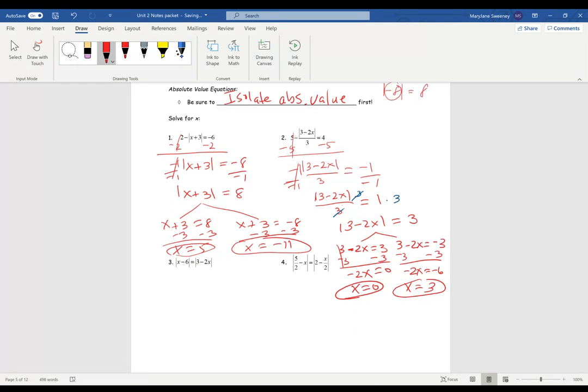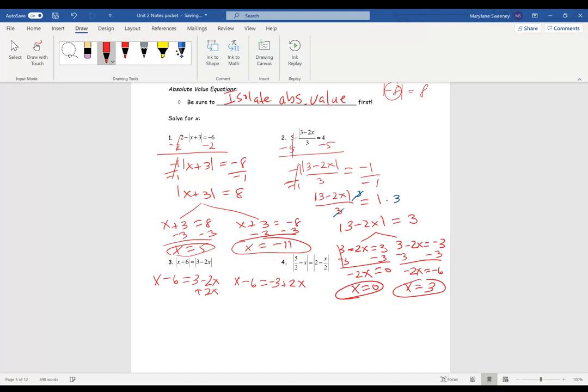Now, when we have two sets of absolute value bars, I can take the one on the left, and I'm basically going to set it equal to the positive, exactly what's on the inside of the other one. And then I'm going to also set it equal to the negation of what's on the inside of the other one.